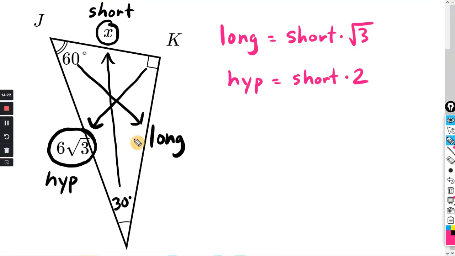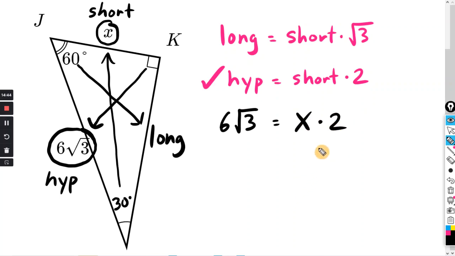Okay, so choosing the correct formula, we have the hypotenuse. Only one formula has hypotenuse, so we have to use this one. The hypotenuse is 6 radical 3. The short side is x, and x is times 2.